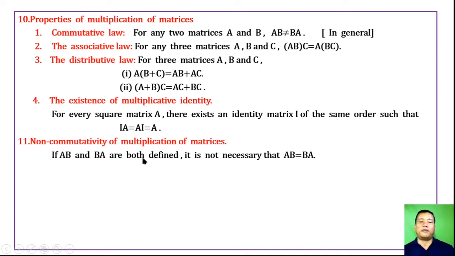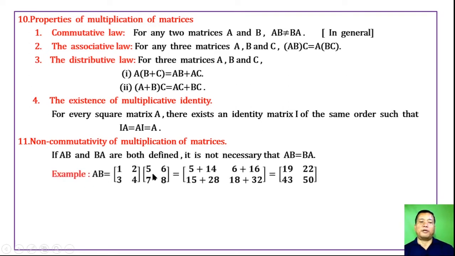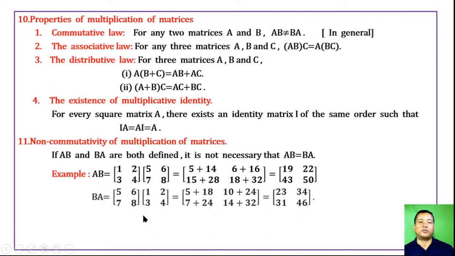Example: product AB and BA are both defined, but the matrices are not the same order, or corresponding elements are not equal. Therefore, product AB does not equal product BA.